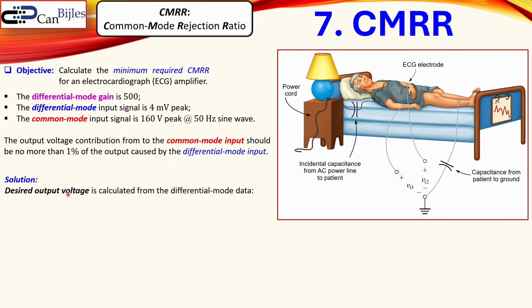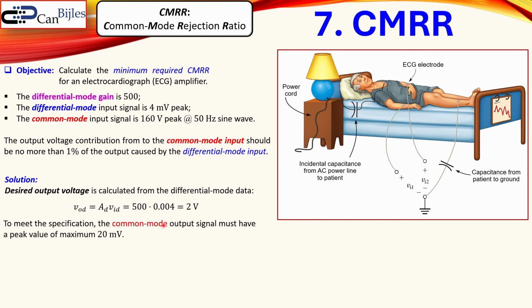Well, the desired output voltage is calculated from the data we have from our differential mode operation, differential mode gain and differential mode input. So we can say the output voltage VOD is AD times VID, which is 500 times 0.004, which is 2 volts. So we use these two data to calculate this output voltage if you only focus on the differential mode condition.